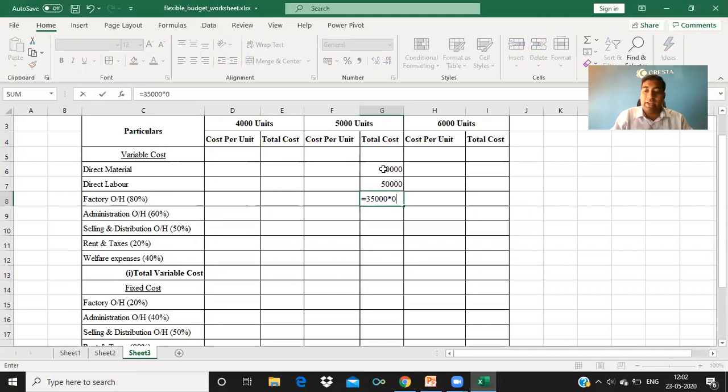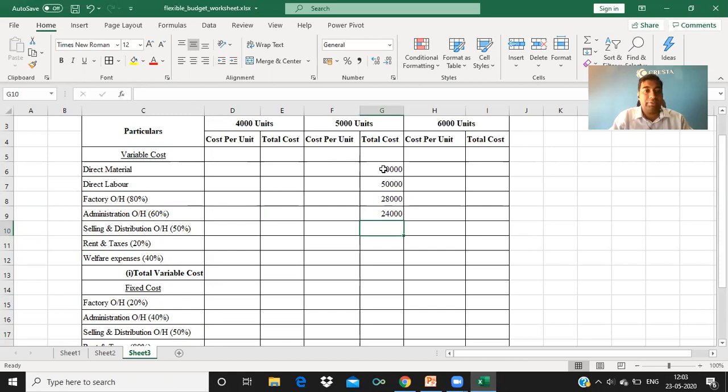In that, 80% is variable and 20% is fixed. Administration overhead 40,000 is given and 60% is the variable component. Selling and distribution overhead 20,000 is given in the problem.